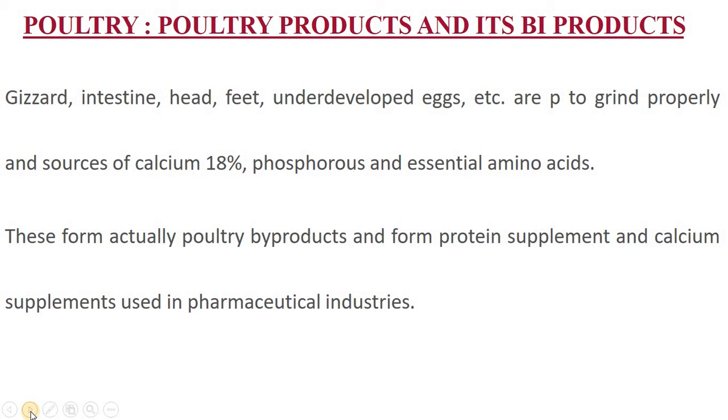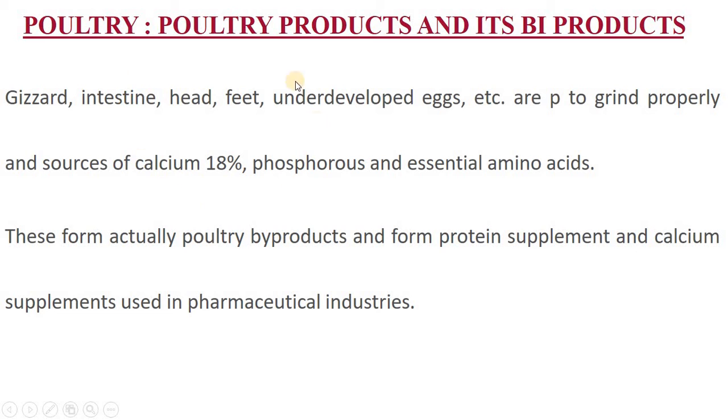Further, the gizzard, the intestine, the head, feet, underdeveloped eggs, etc. are drained properly and are a good source of calcium and phosphorus and essential amino acids. They form byproducts and form protein supplements and calcium supplements used in the pharmaceutical industries.